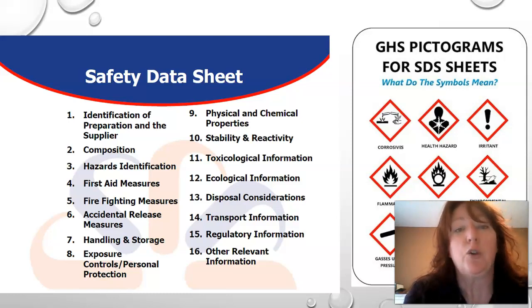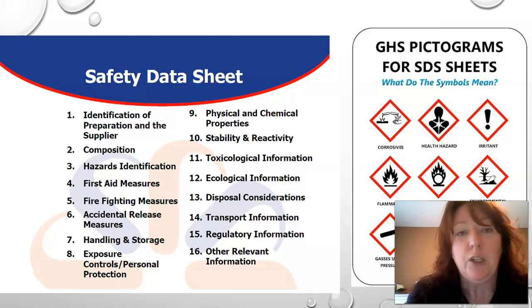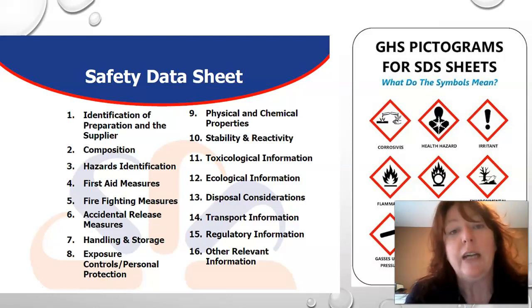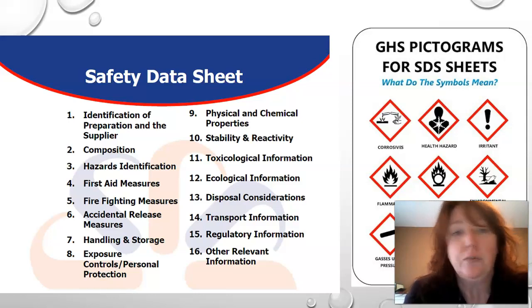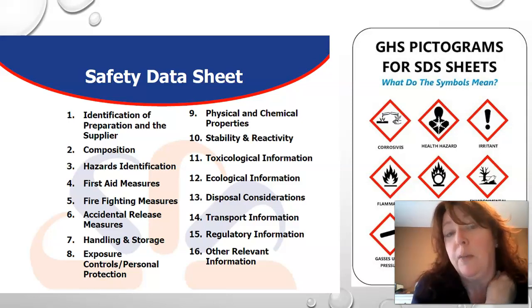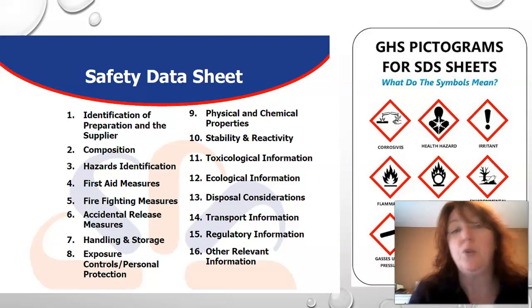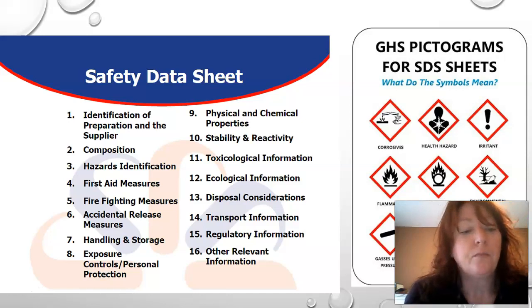The first aid measures: if it gets on your skin or in your eyes, it explains how to deal with that, whether to wash it with water or put baking soda on it, depending. Firefighting measures, same thing. If it's something that can be explosive or flammable, what would you use if it caught on fire? Would it be a chemical or would it be water?